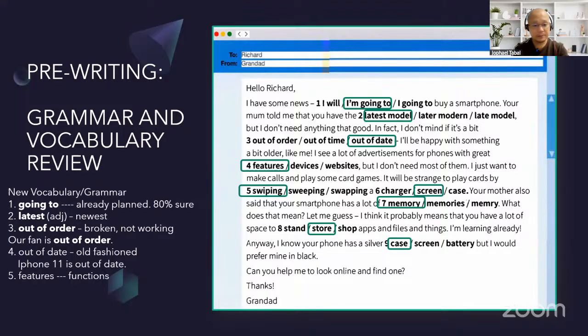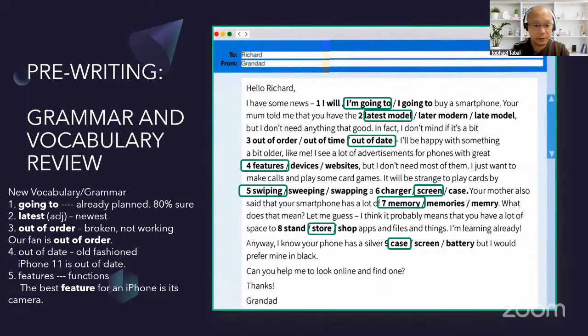For example, what is the best feature for an iPhone? Maybe it's its camera. Okay, so that's feature or function.